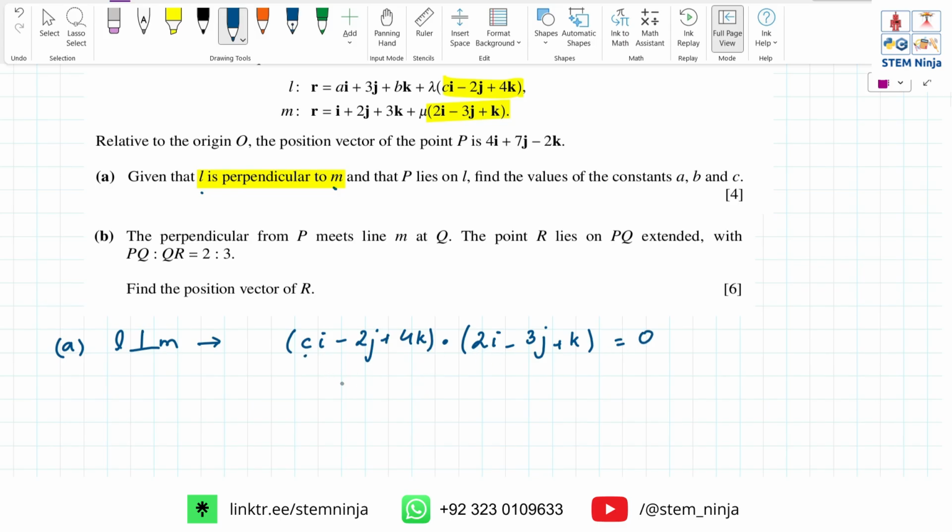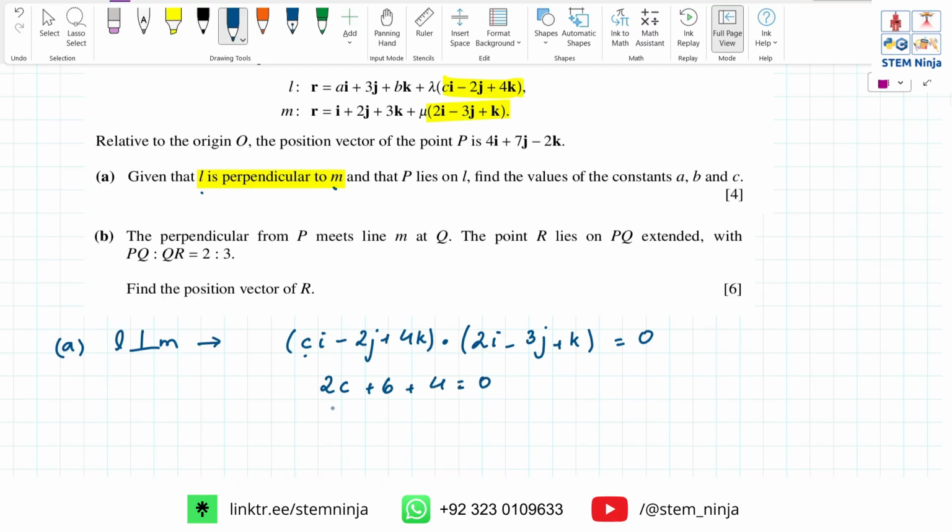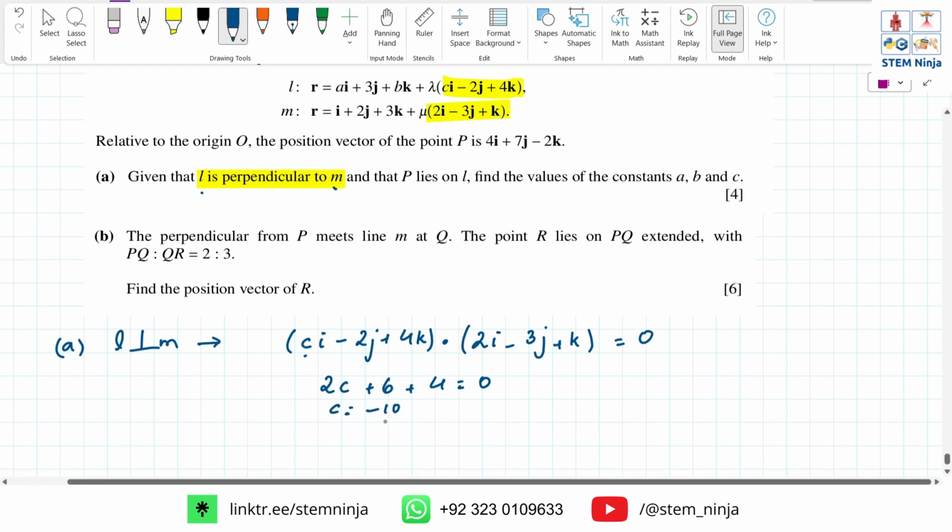So c times 2, 2c, and then minus 2 times minus 3, that is 6, and then 4 times 1, 4. So 10, so c would be minus 10 over 2, that would be minus 5.